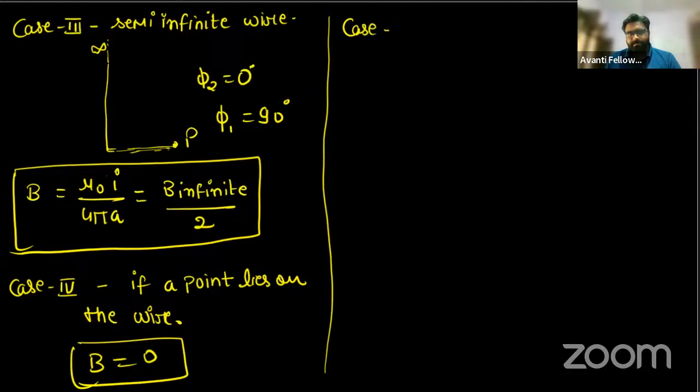Case five. Look, until now we were taking the point P within the range of the line charge, within the range of this current carrying wire. But this time point P is not in the range of this current carrying wire. Now how do we find the magnetic field at that point?